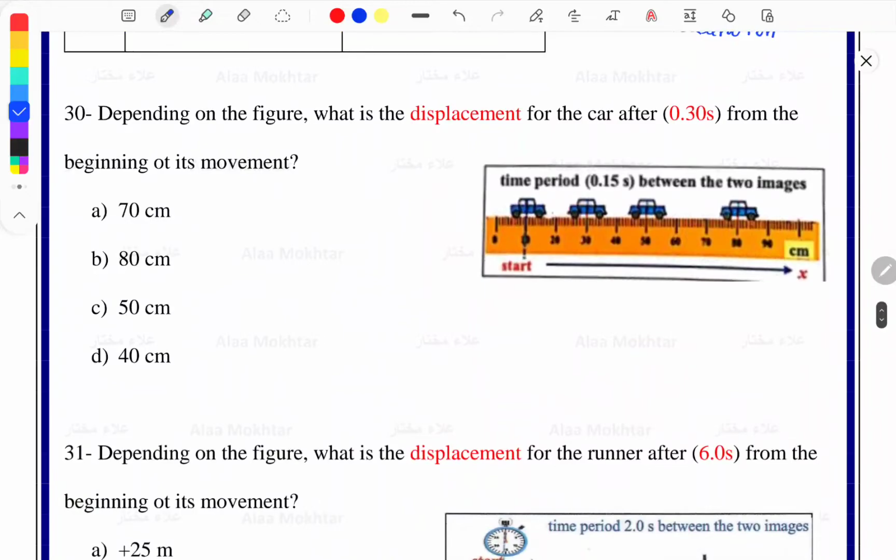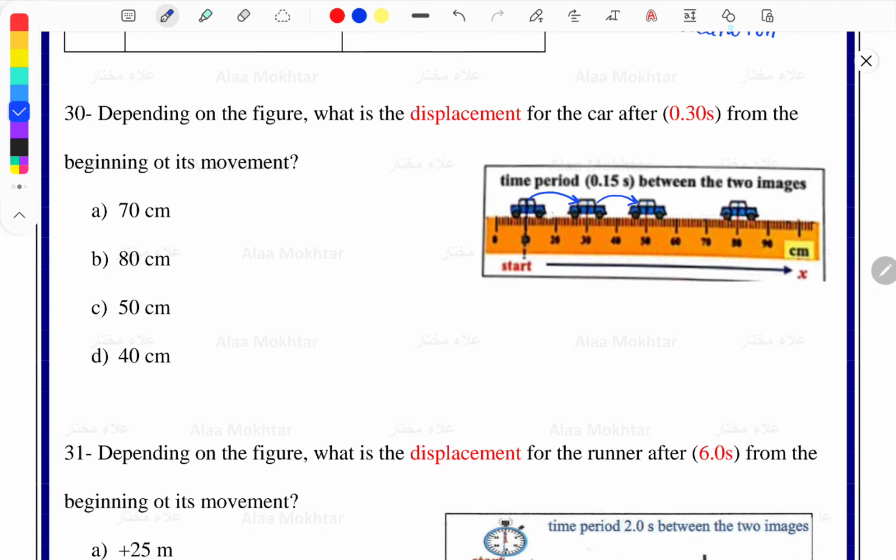The next question, depending on the figure, what is the displacement of the car after 0.3 seconds from the beginning of its movement? If you look at this figure, the time period is 0.15 between each two images. The time from this image to this image is 0.15, and from this image to this image, another 0.15.